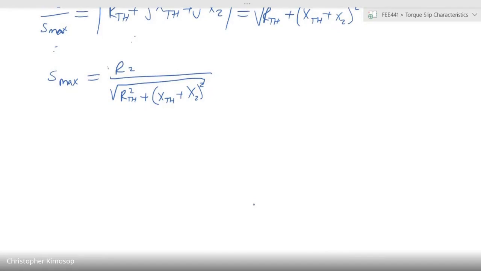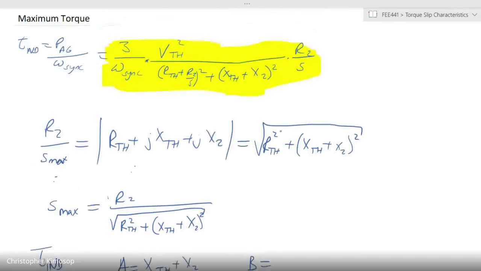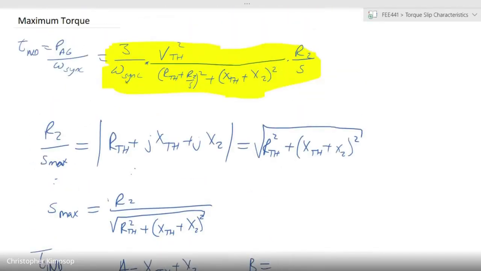Now, in order for us to determine our maximum induced torque, let's do a few substitutions, all right? So we want our maximum induced torque. To make things a bit easier for ourselves, let's make two substitutions. Let A be equal to X Thevenin plus X2. And then let's have a letter B, which is equivalent to all of this put together, which is 3V Thevenin squared over omega C, all of that.